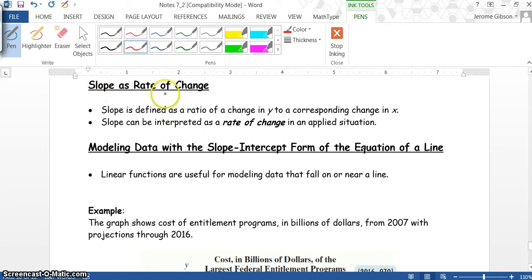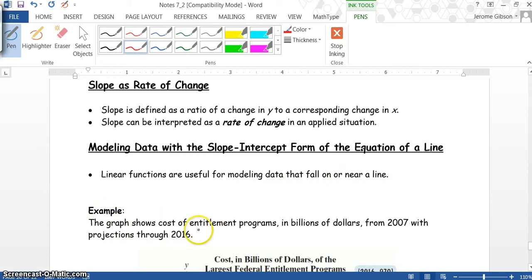Now we come to slope as the rate of change. Slope is defined as a ratio of a change in y to a corresponding change in x. Slope can be interpreted as a rate of change in an applied situation. Modeling data with the slope-intercept form of the equation of a line. Linear functions are useful for modeling data that fall on or near a line.